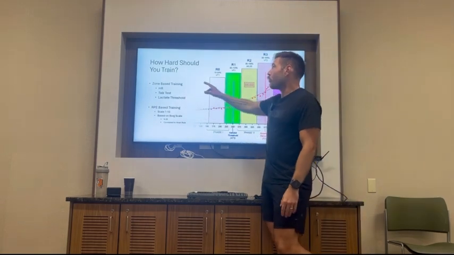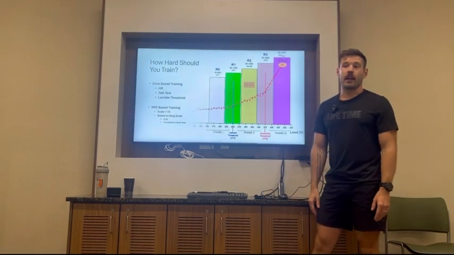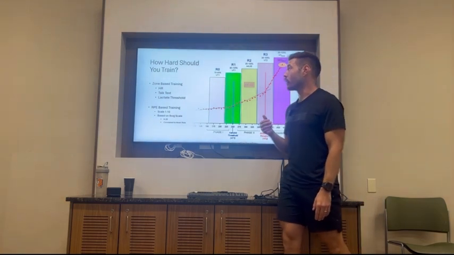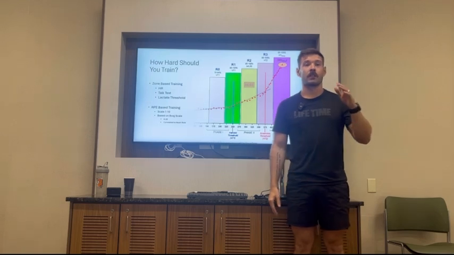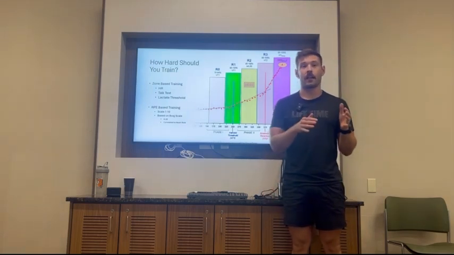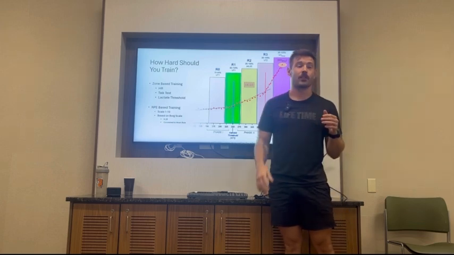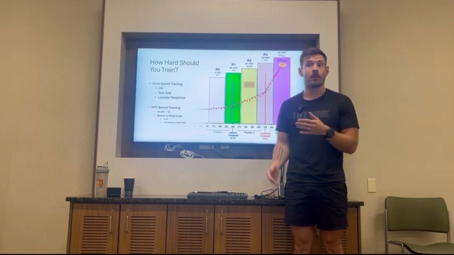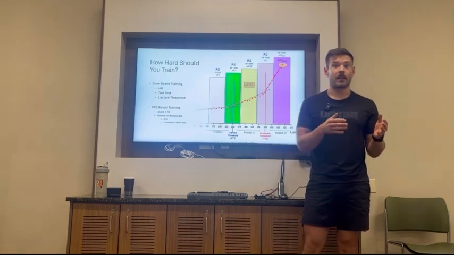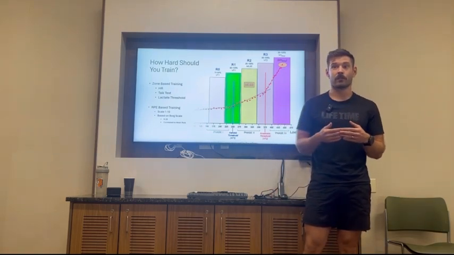So when we talk about how hard you should train, we want to make sure that you understand your performance isn't always linear. Not every hard day you're going to hit the same paces. We live here in Texas. The weather is just crazy. Sometimes when it's really hot out, you're going to go much slower, 1 to 2 minutes slower than if the temperature was 60 degrees cooler.